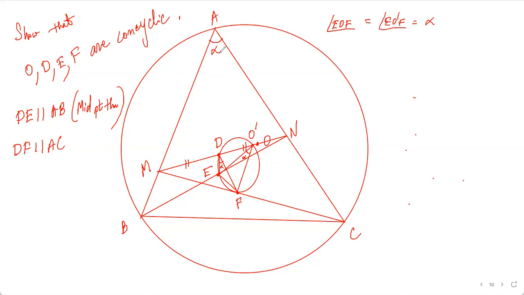DE is parallel to AB. Yes, I can prove it. So how do you prove that? Let's extend it. If some confusion is there, they are basically not becoming parallel because of my drawing.